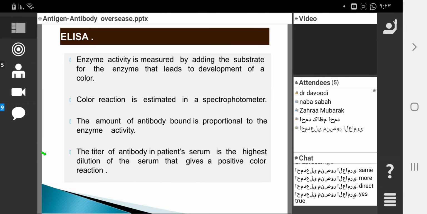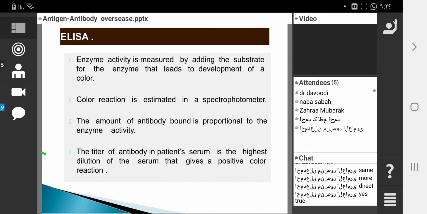Okay. We will continue our subject about antigen-antibody reactions next week with ELISA. If you want to study before the class, next week we want to talk about ELISA and immunofluorescence and the secondary phenomena, which include agglutination, precipitation, and so on.